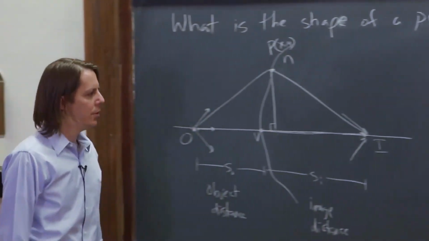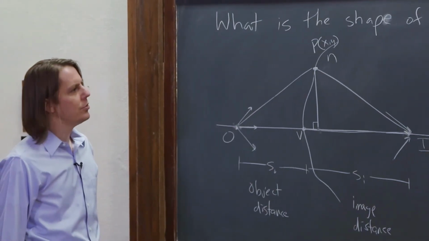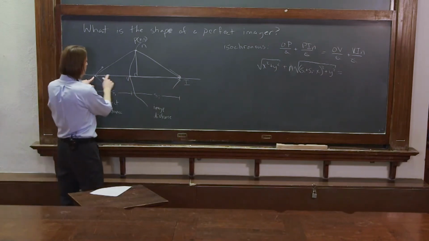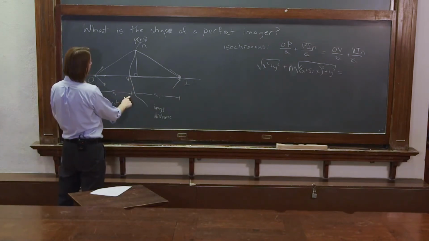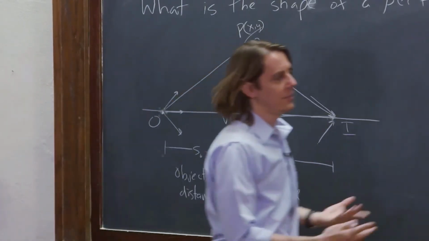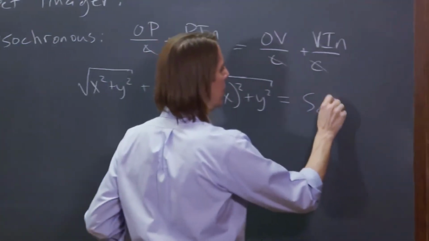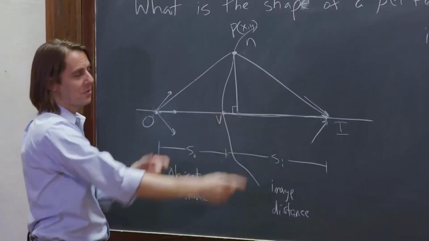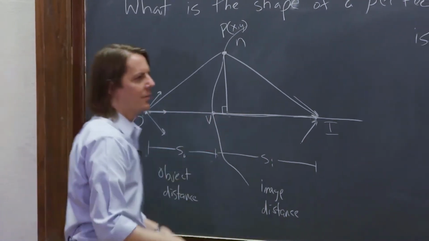Those two have to be equal to OV, which is S_O, just the distance there, times 1 because it's in the air. And then S_I is the easy one because it's just going along the optical axis. This is n times S_I.